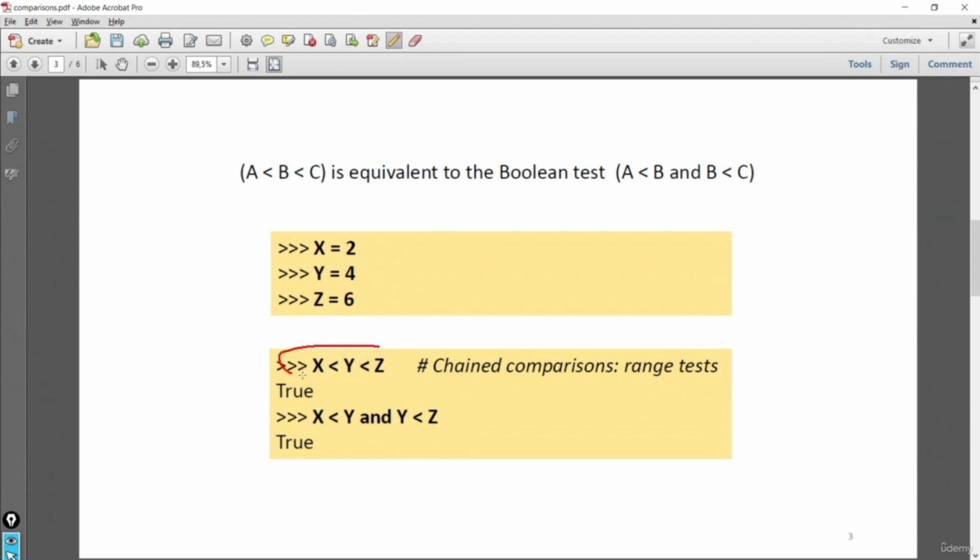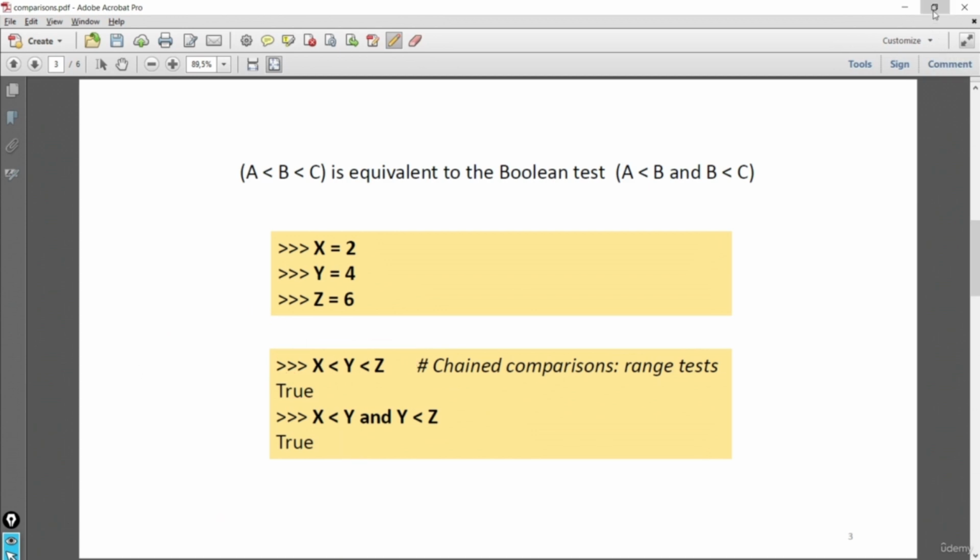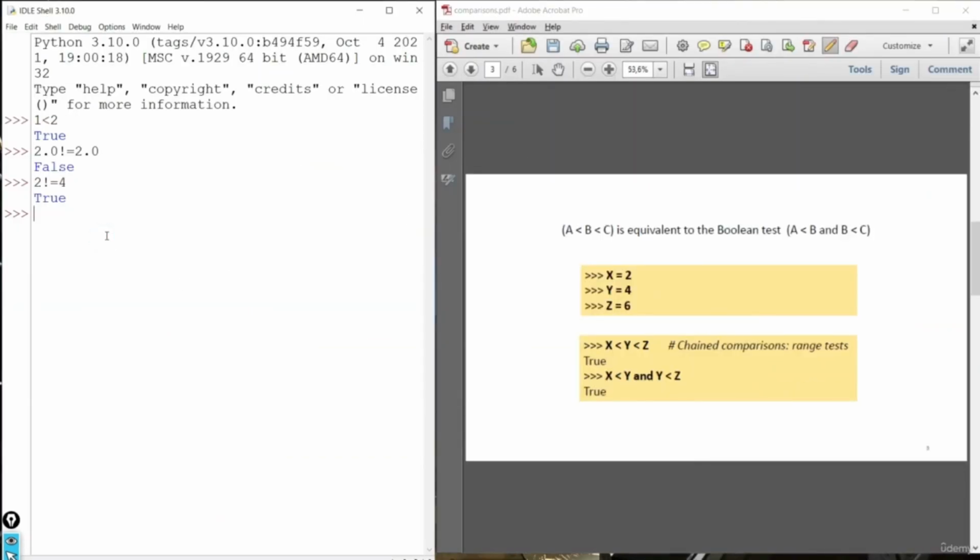So as I just said, such a writing equals to this one, x smaller than y and y smaller than z. So let's make practice. So x equals, let me use small letters, x equals 2, y equals 4, and z equals 6.